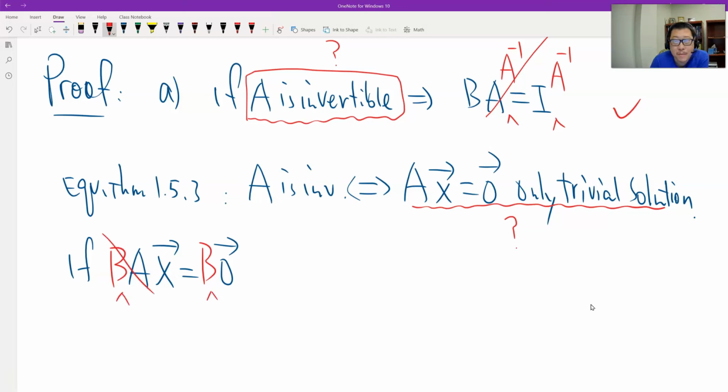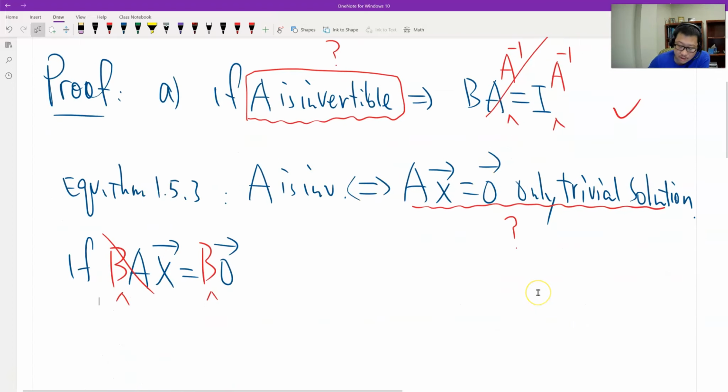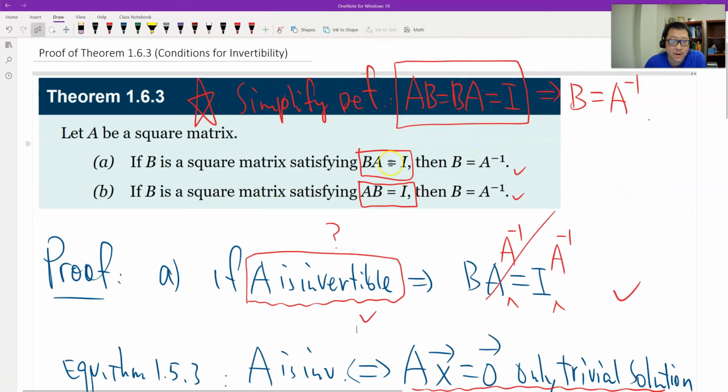B times A is I by the condition, so it becomes the identity matrix times X, and B times 0 is of course 0. Therefore X equals the zero vector, which means it's true. So A is invertible, and by the calculation we know B is the inverse of A. If B A equals I, then B is the inverse.